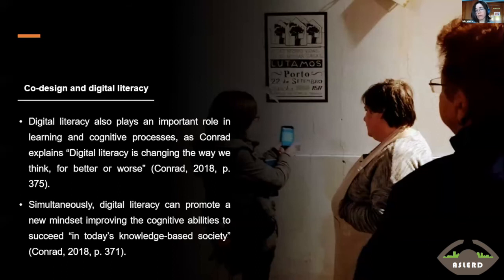This digital literacy also plays a significant role in the learning and cognitive process. And as this author, Conrad, explains, digital literacy is changing the way we think, and it also can promote a new mindset, improving the cognitive abilities to succeed in today's knowledge-based society.